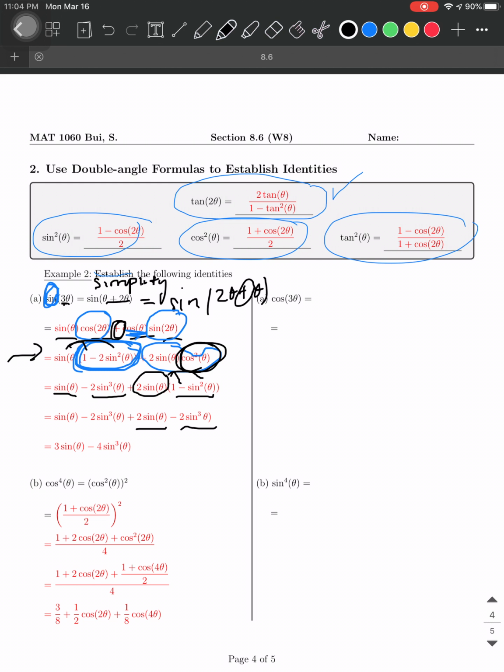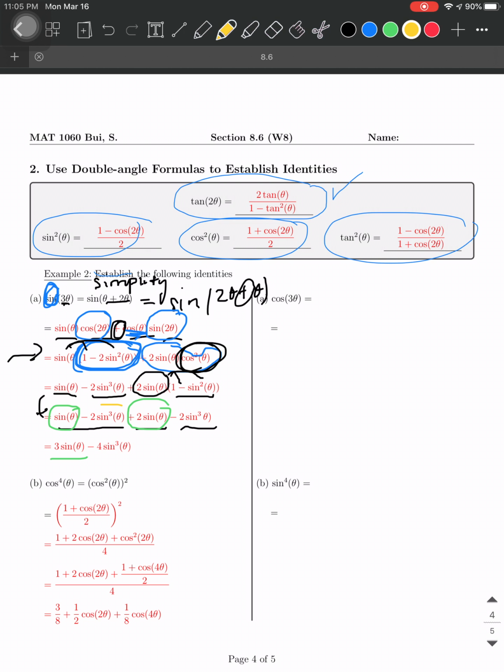After that, we rewrite sin theta minus 2 sin cubed theta from the above. And now, lastly, we combine the like terms. We have sin theta in here with 2 sin theta in here, which makes 3 sin theta. And let me change the color.